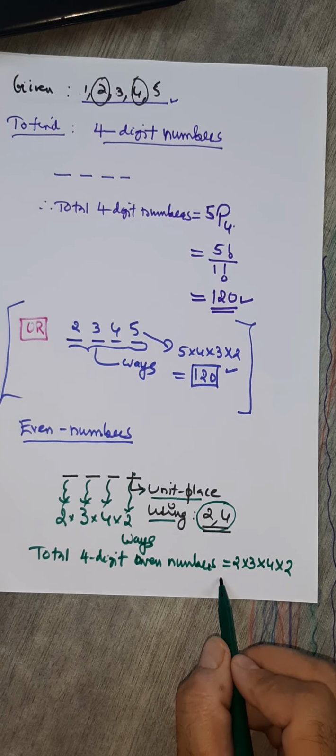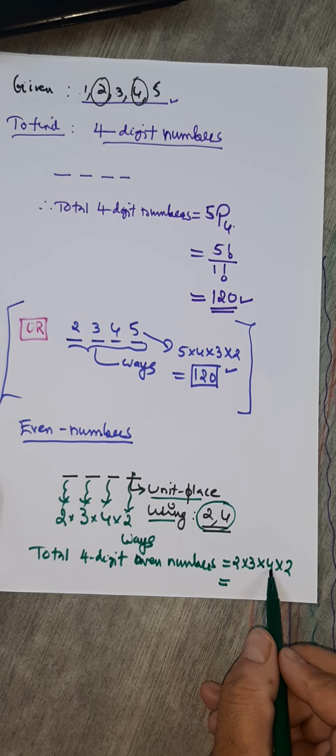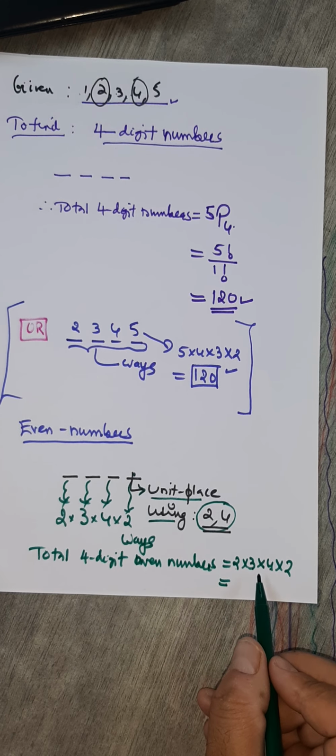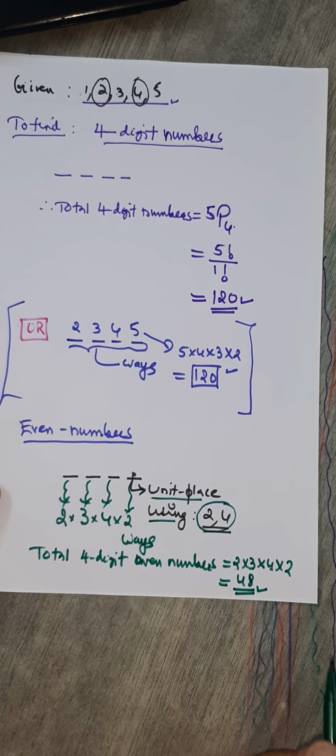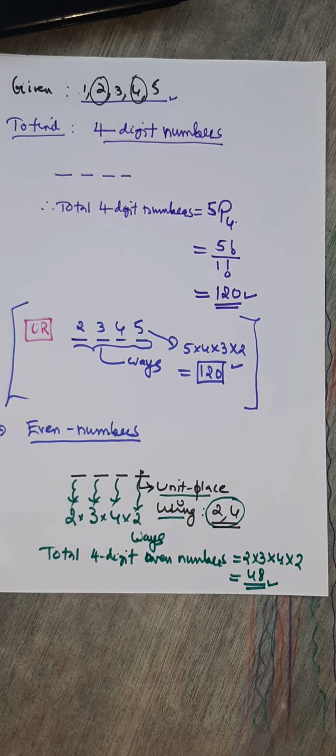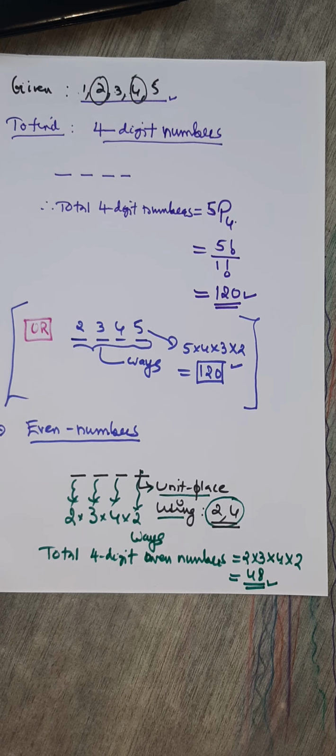So what will you get here? 6, 24 and here you'll get into 2. So 48. 48 would be even there, remember. Fine. I hope this is clear to you.